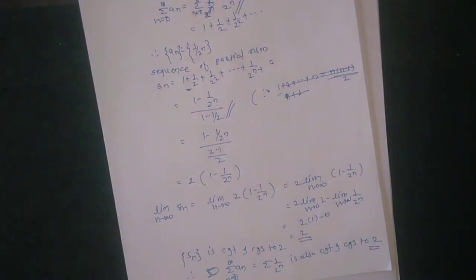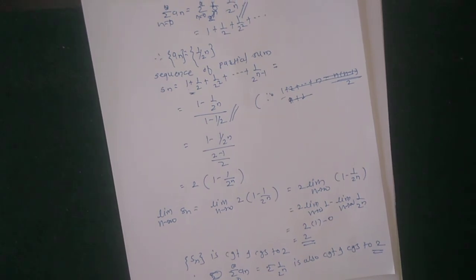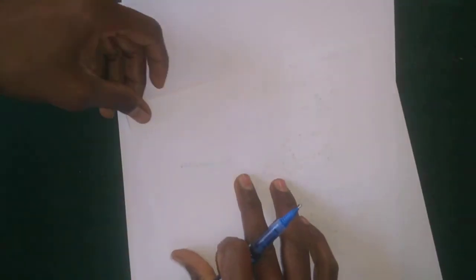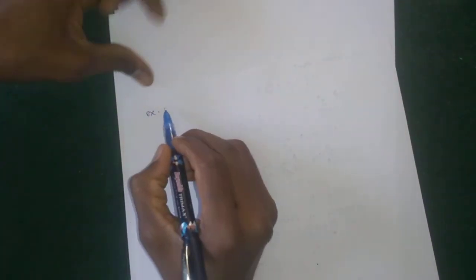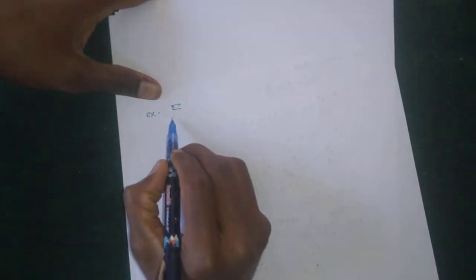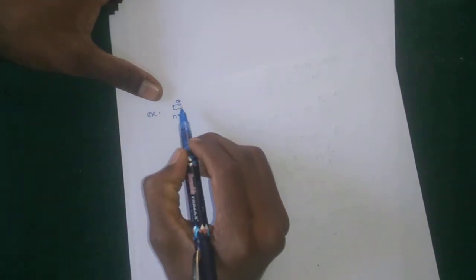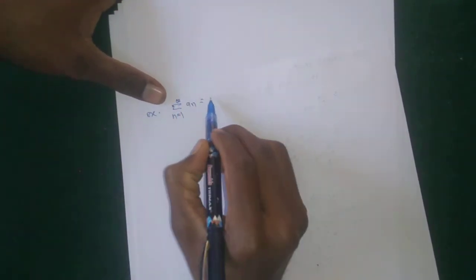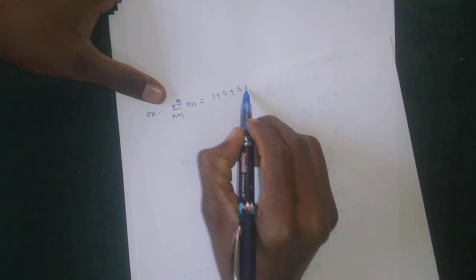Okay, so another series is given. Suppose the next example, the series with n running from 1 to infinity, an is equal to 1 plus 2 plus 3 plus up to so on. This series is given.